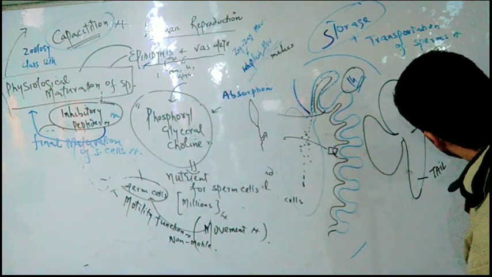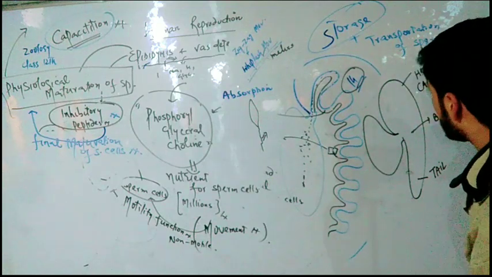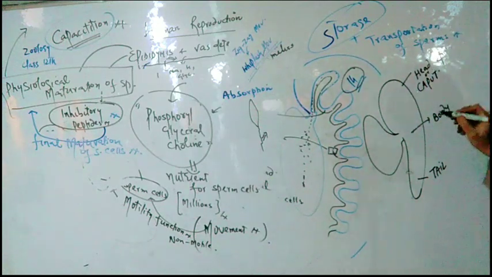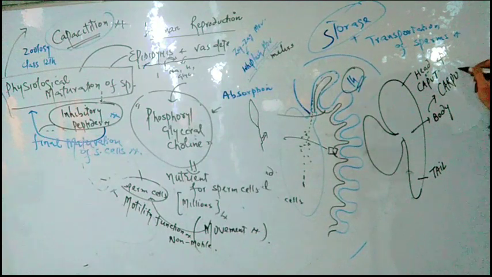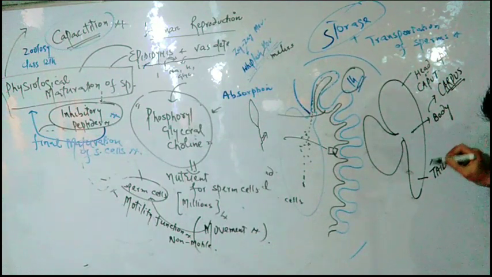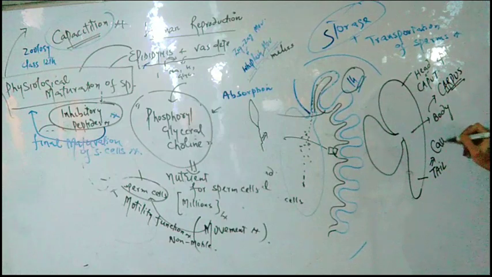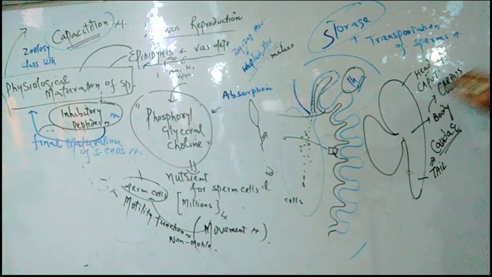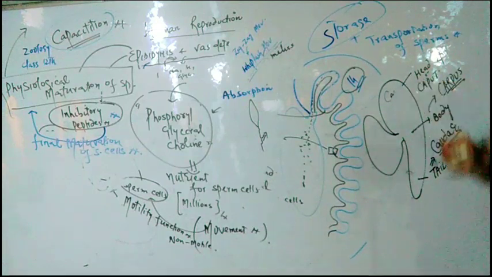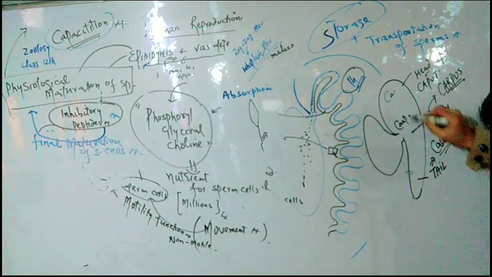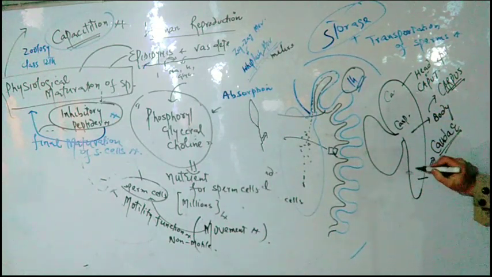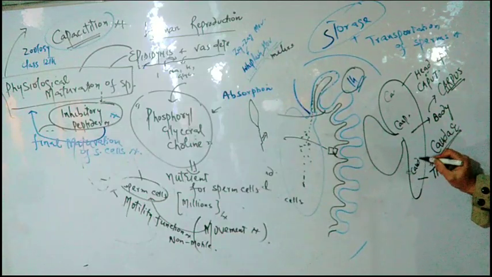Head is also known as caput, C-A-P-U-T, caput epididymis. Body is known as corpus epididymis. Tail is known as cauda epididymis. So, caput epididymis, second part is known as corpus epididymis, third part or tail part is known as cauda epididymis.